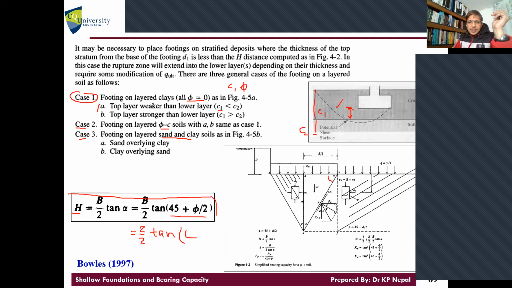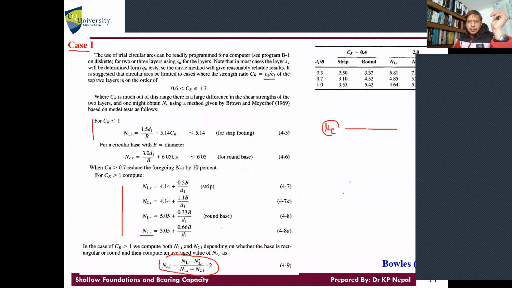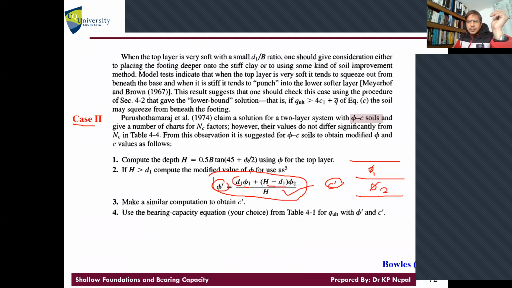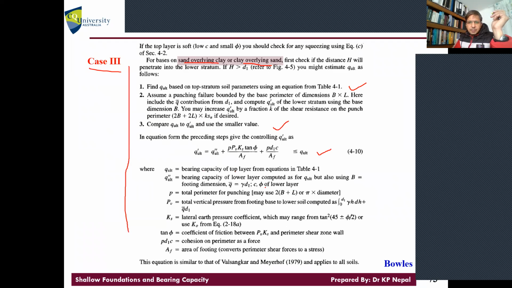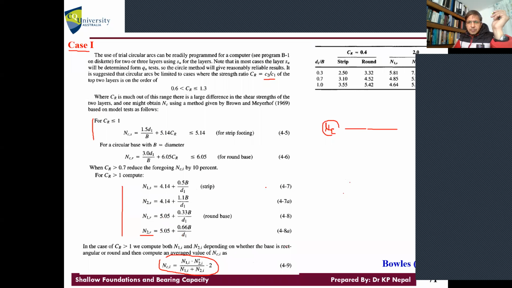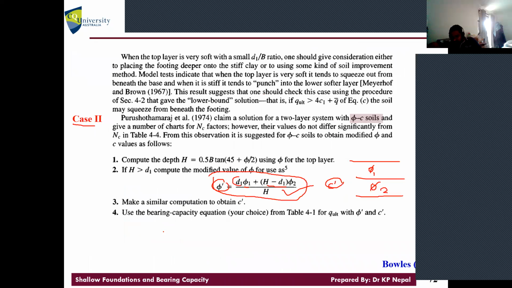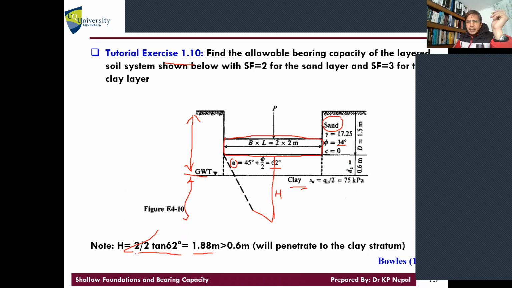What is the phi value in our case? I'm talking about the sand layer first, whether the failure goes down or not. 34. Did you get that now? 1.88 meters, is it? Yeah.